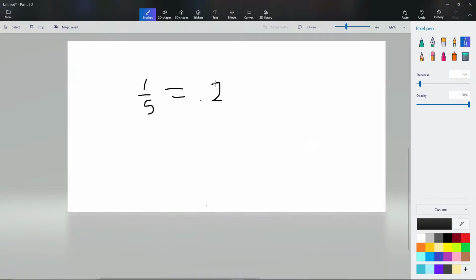We know this because if we make a number line here of 1 to 2, or let's just make this 0 to 1 for simplicity, right? There's not going to be a halfway point.